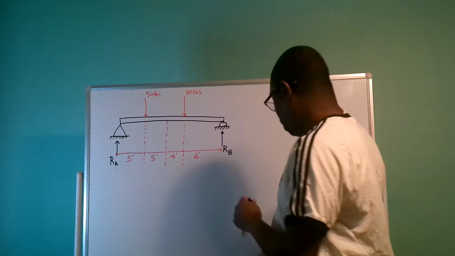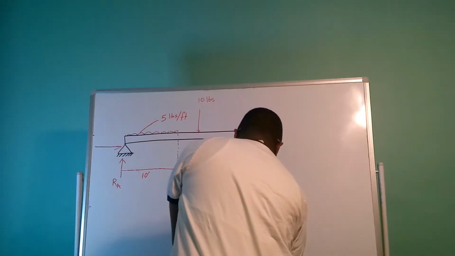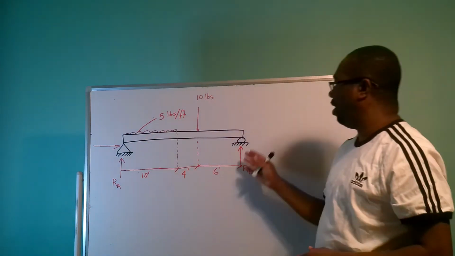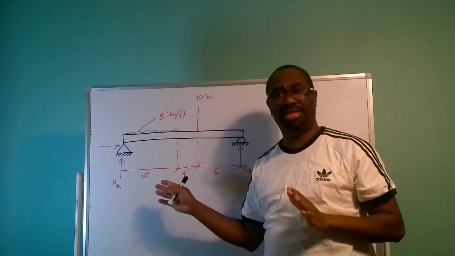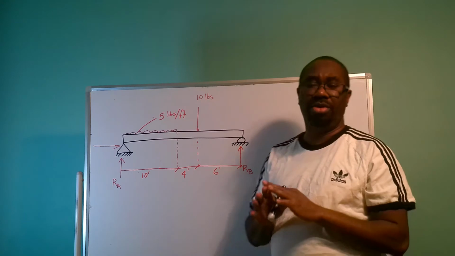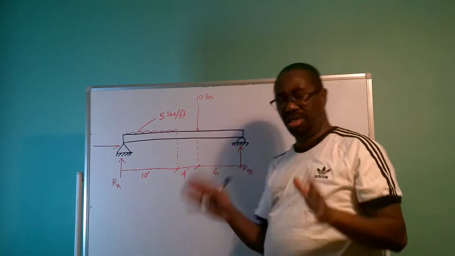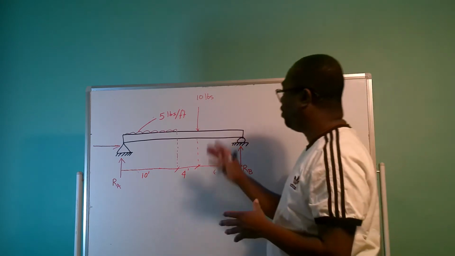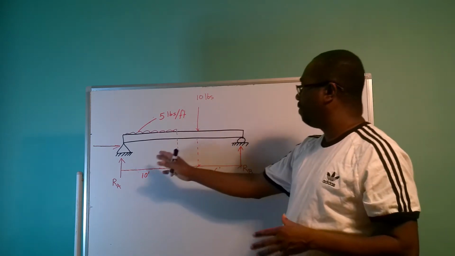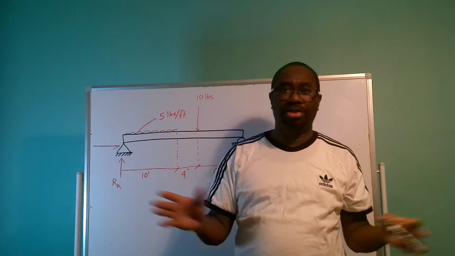So if you look at the diagram here, to my left, this is the beam system that I'm going to demonstrate how to calculate the maximum bending moments and the maximum shear force diagram. So as you can see, this beam, by the way, is a simply supported beam.